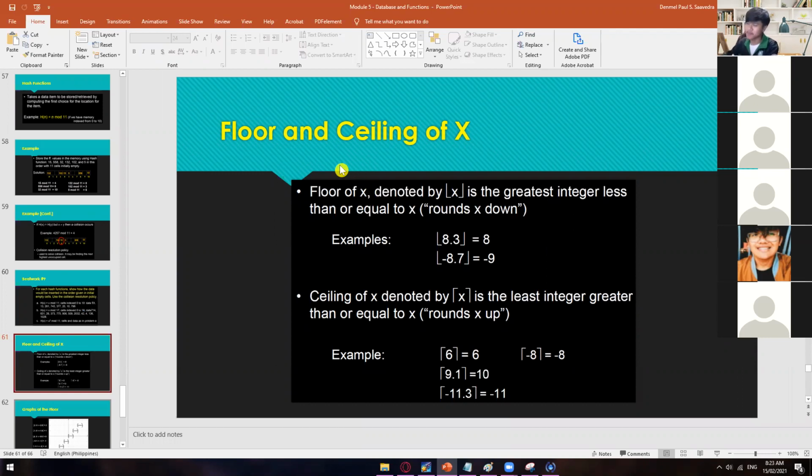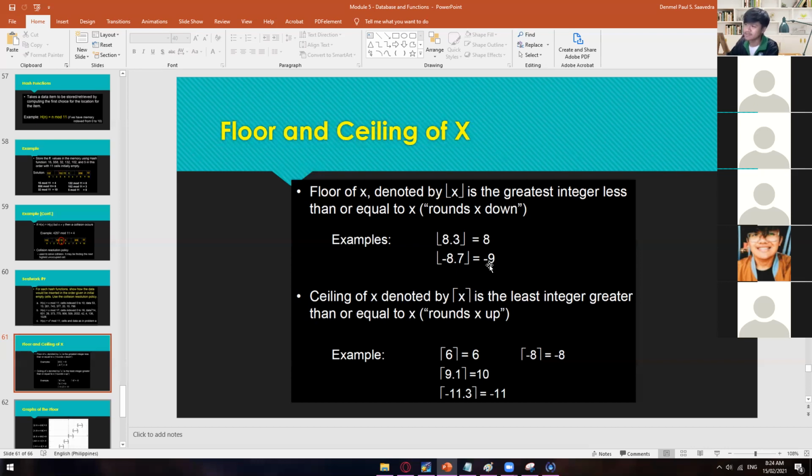As long as you have a remainder or decimal like 0.01, 0.1, or 0.0001, no matter how small it is, you have to round it down if it's floor, and round it up if it's ceiling. So as you can see right here, 8.3 will be rounded down, which is now equal to 8, and then negative 8.7 will be rounded down, which is negative 9.